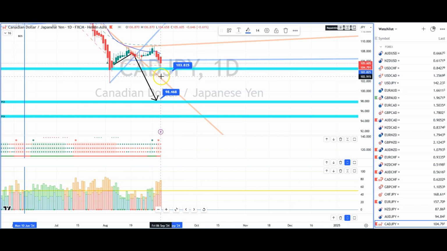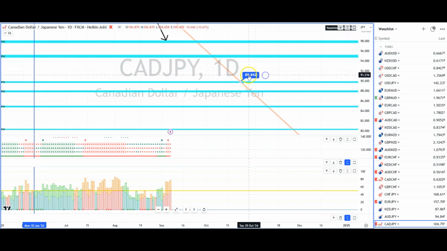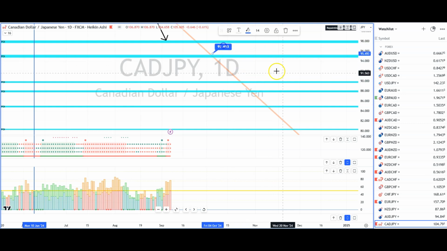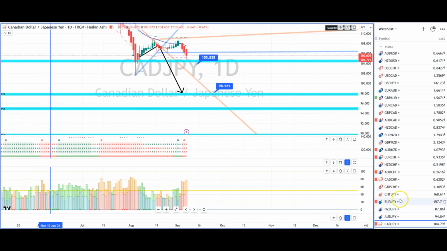Then the next target is 98.46, then down to 95.44, then down to 89.84, then down to 88, and so on and so forth. You get the picture. So one target at a time. So we can expect that if the price does break, it goes to 98.12.